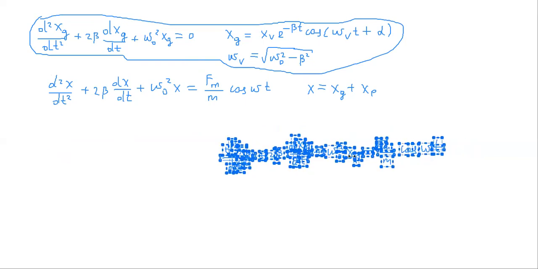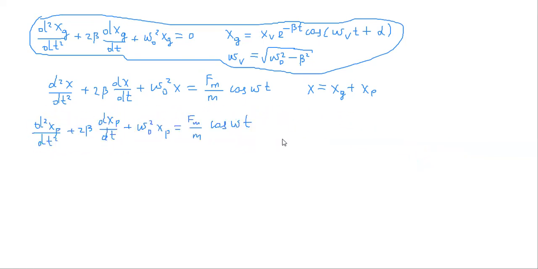If xg is a general solution, we can find only a partial solution. We can find any partial solution of this equation, and this will be enough.